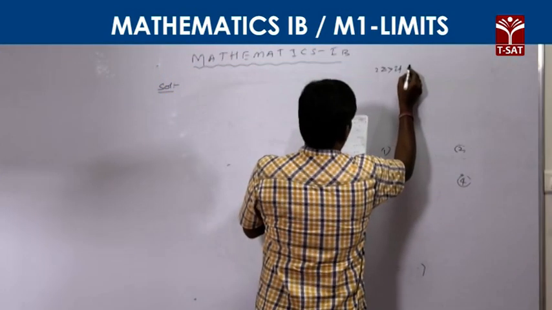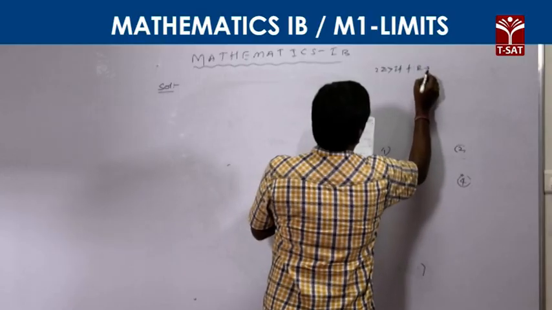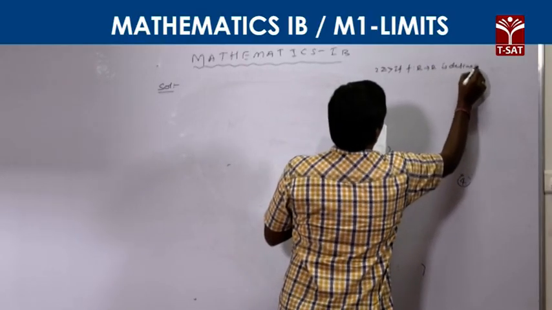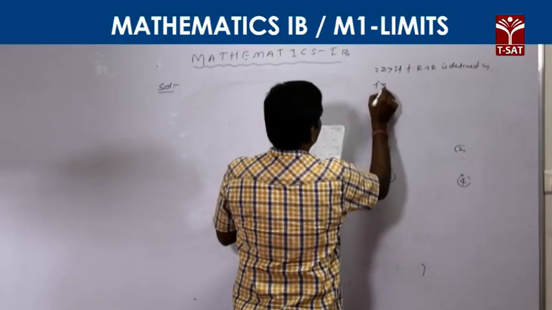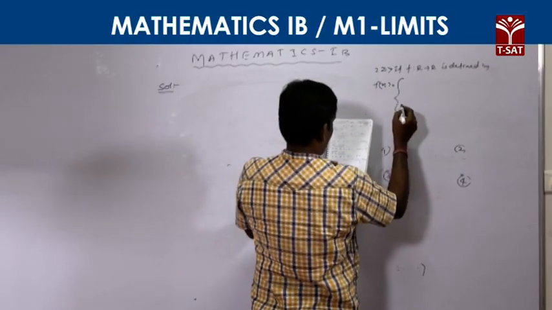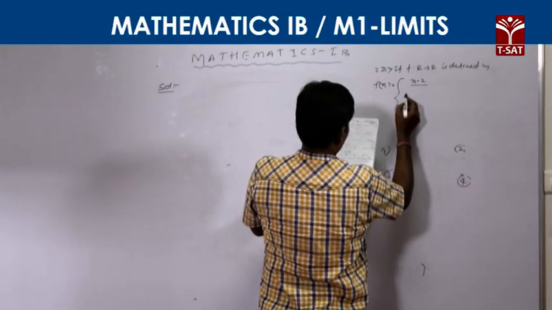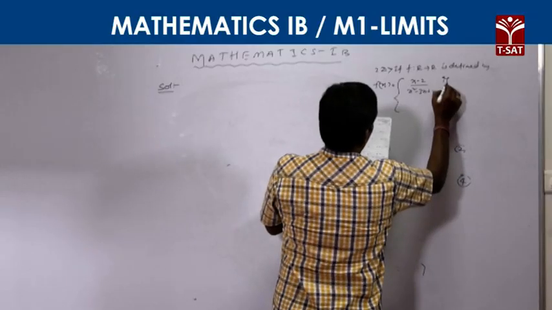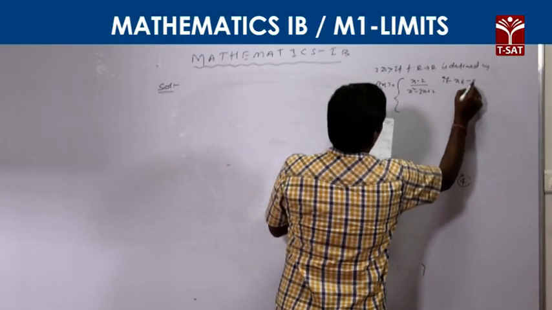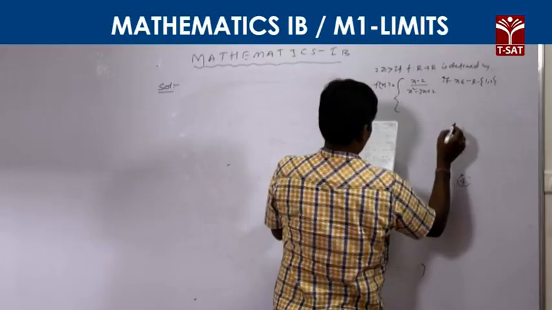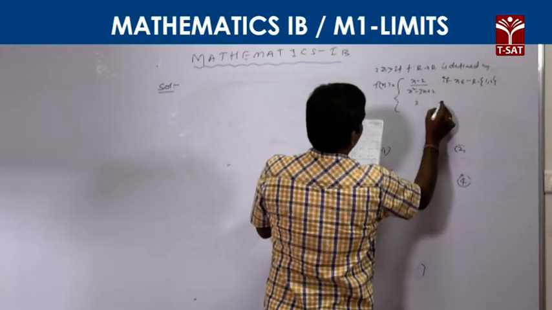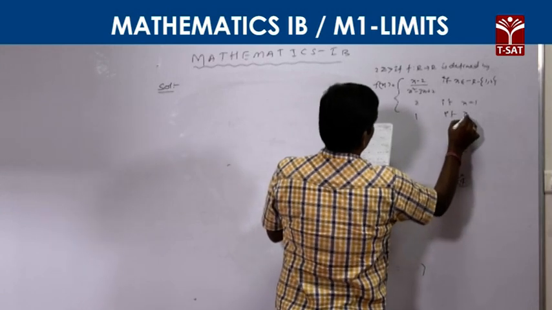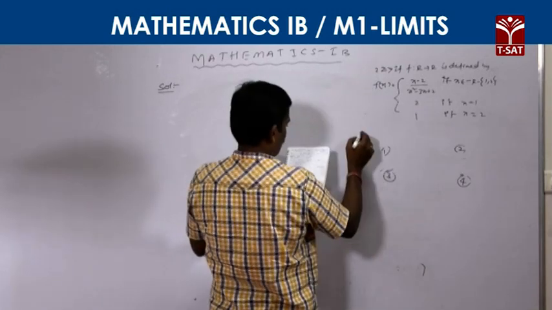If function f maps R to R, real number to real number, is defined by f of x equals (x minus 2) by (x square minus 3x plus 2) if x belongs to R minus {1, 2}, 2 if x equals 1, 1 if x equals 2.